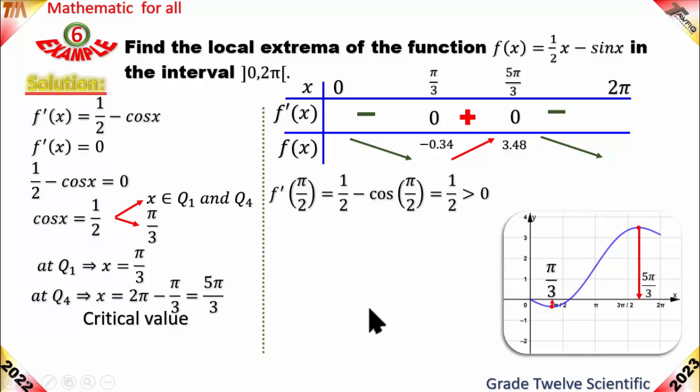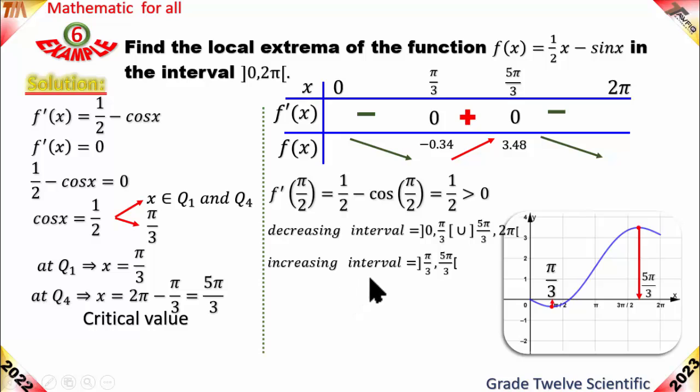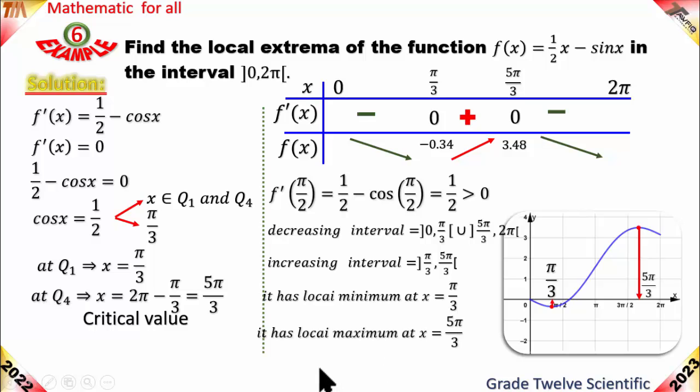The decreasing intervals are from 0 to pi over 3 union 5 pi over 3 to 2 pi, and the increasing interval is from pi over 3 to 5 pi over 3. It has a local minimum at x equal pi over 3 and a local maximum at x equal 5 pi over 3.